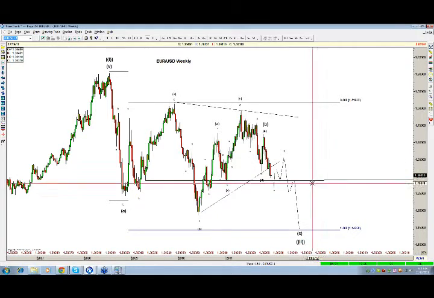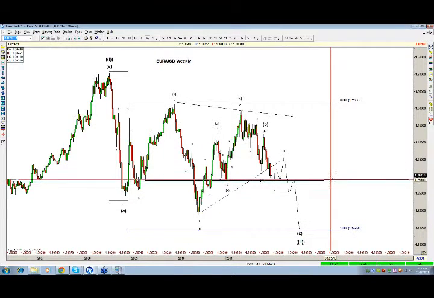Now, I cannot tell you exactly if this is going to be A or that's going to be D, the one that ended with that low, in my view. If the S&P is going to find support around 1200, the euro should find support around the 128.60 area and then bounce from there.